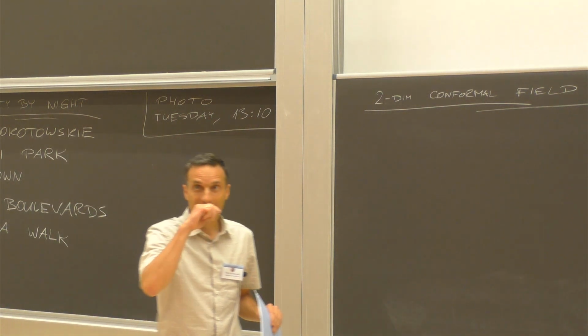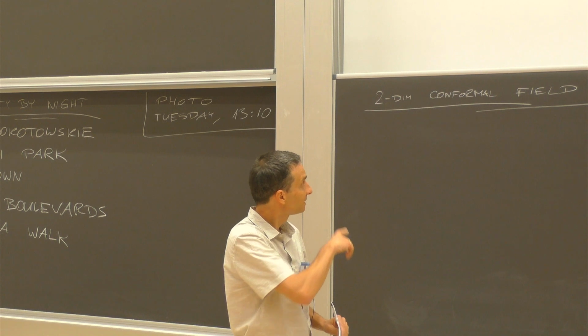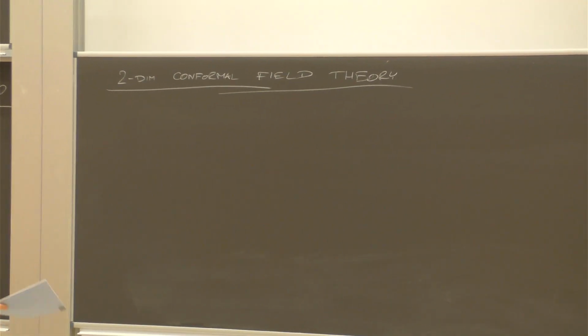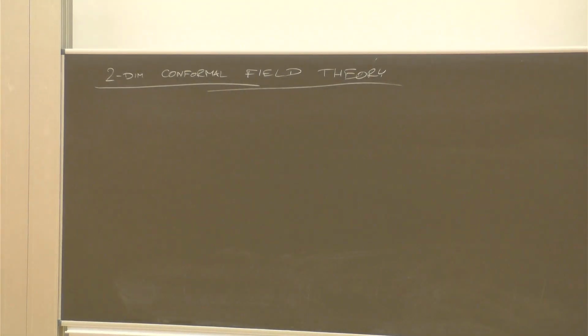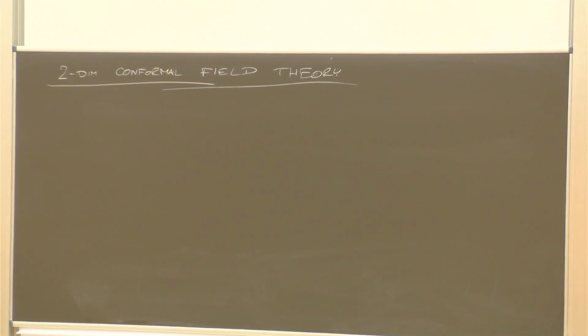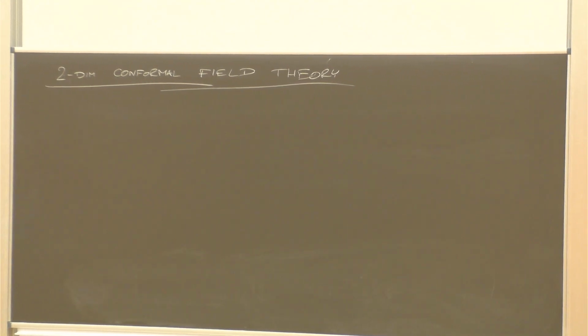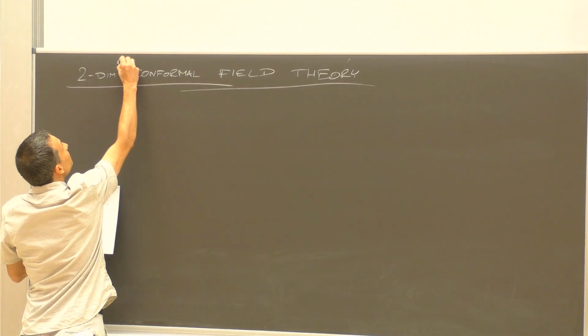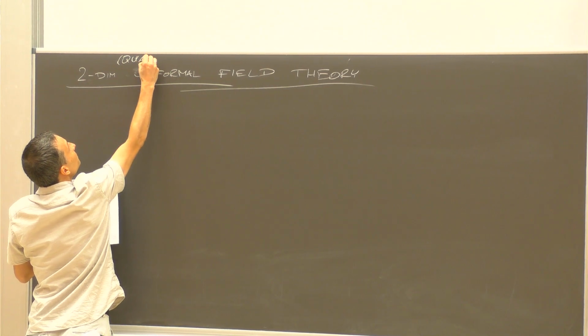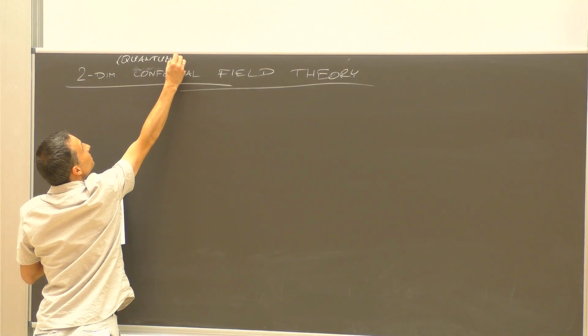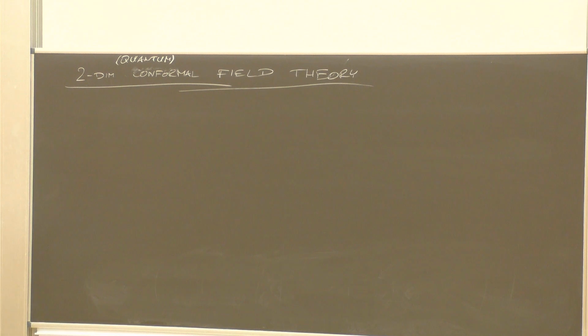Okay, and now the title of my series of lectures is Two-Dimensional Conformal Field Theory. Maybe it would be more proper to say quantum as well, but typically when people say 2D CFT, they already have in mind that they are talking about quantum theory.